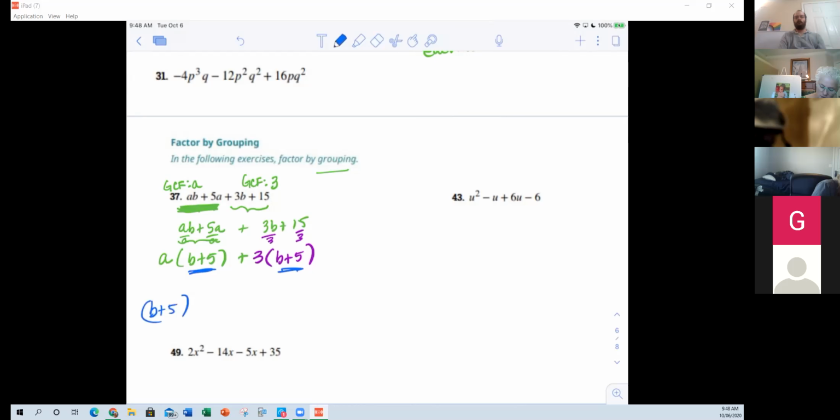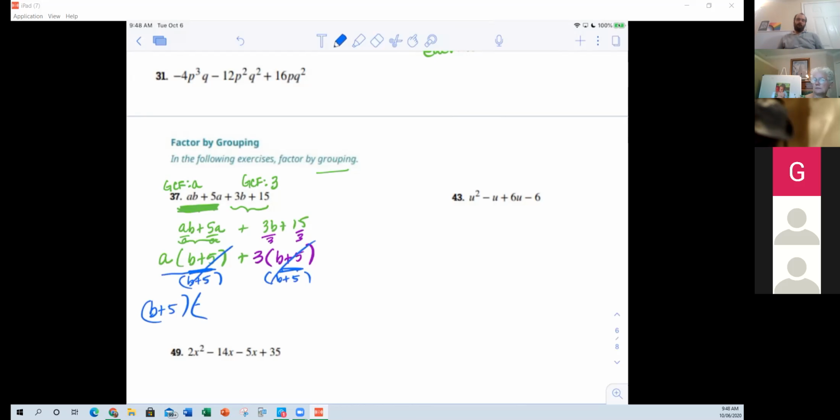And remember, factoring is just the same thing as division. So I'm dividing B plus 5. And what do I have left when I divide out the B plus 5? A plus 3. Yes.